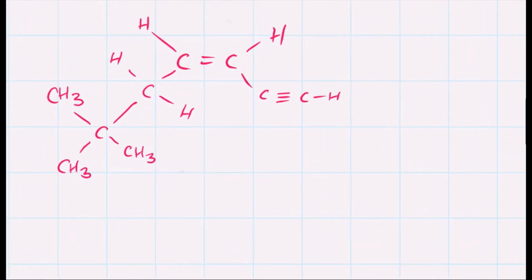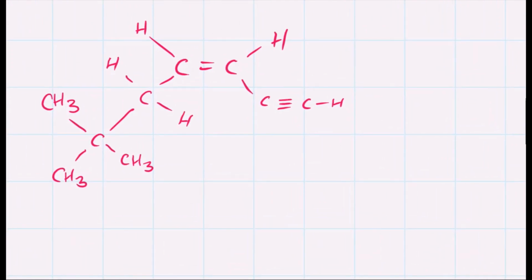And last, I made this one because it has an alkene and an alkyne in it, but remember your alkynes are more important, so this molecule is an alkyne. It is 1, 2, 3, 4, 5, 6, 7 carbons long, so it's a heptyne. Oops, sorry, forgot about that double bond.